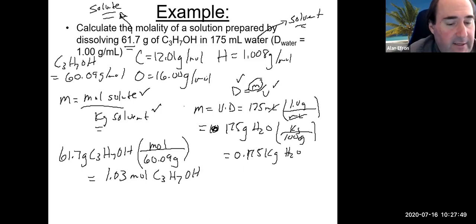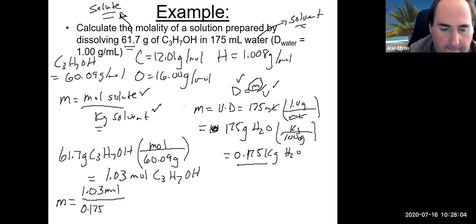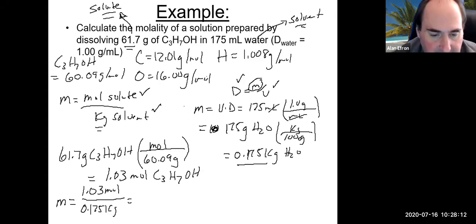So now you can see we do have everything we need to solve for molality. So the molality would be our moles divided by our solvent in kilograms. And if we do that, we get something like 5.87.